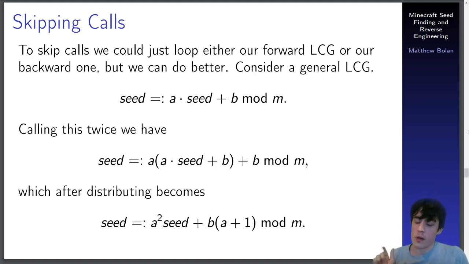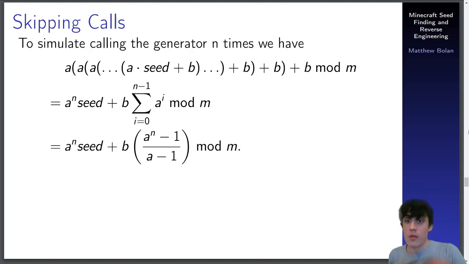And so long as we know the values of a squared and b times a plus 1, we can always do this. So for the exact same price of operations, one multiplication and one addition, we can skip 2 in a row. And it turns out, same math goes through for calling it n times, right? Now that we've addressed the case of calling it twice, we're going to take a look at doing it n times, right?